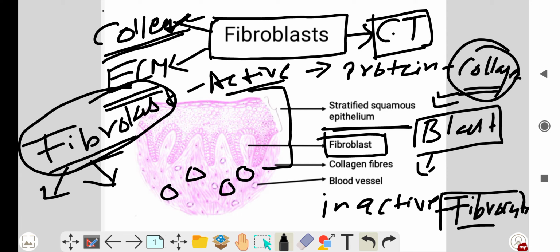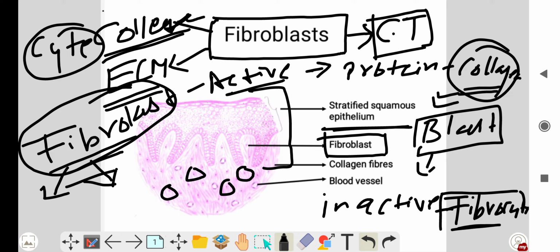Cells that have cyte in the end are inactive cells. The size of the blast or active cells is larger than the size of the cytes, like fibrocytes have a smaller size compared to the fibroblast. So this is the active cell and this is the inactive cell.